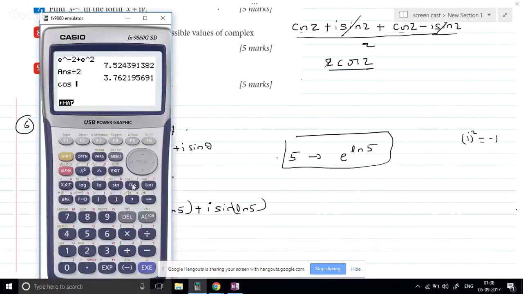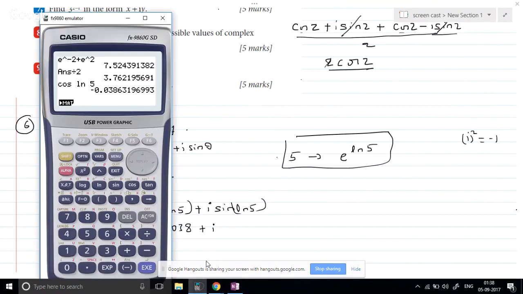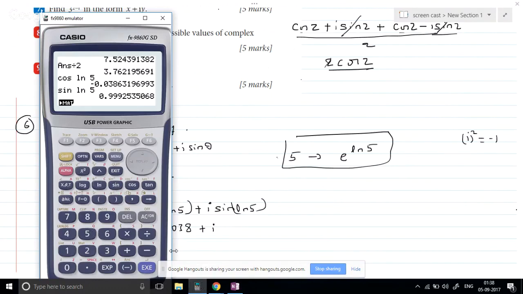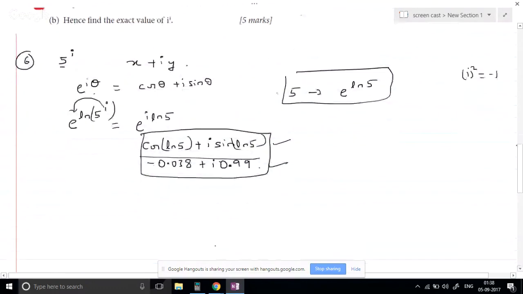So cos of ln 5 is 0.038 plus i sin of ln 5, 0.99. Okay, so either it is in this form or any of these answers is right. Okay, so let's go to the next question, the seventh question.